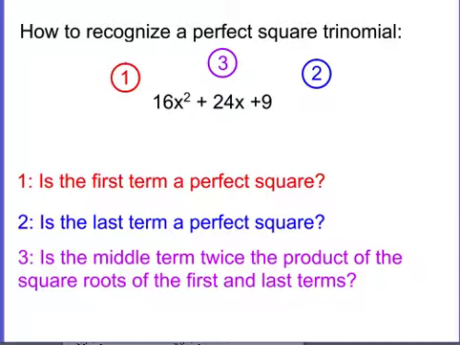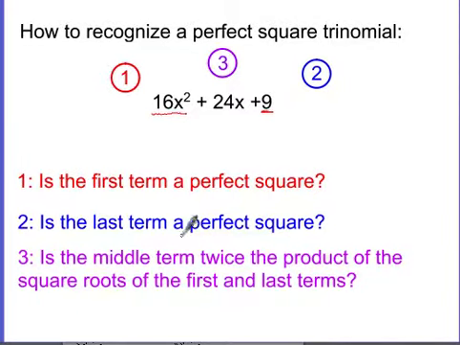perfect square trinomials. So the first thing you want to do when you see a trinomial is look at it to see if it might be a perfect square trinomial. Is the first term a perfect square? 16x squared. Is that a perfect square? Yes. Is the last term a perfect square? Is 9 a perfect square? Yes.